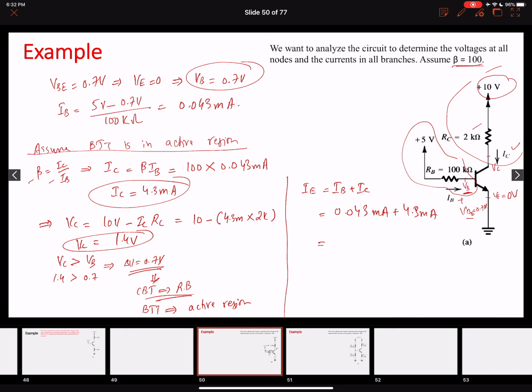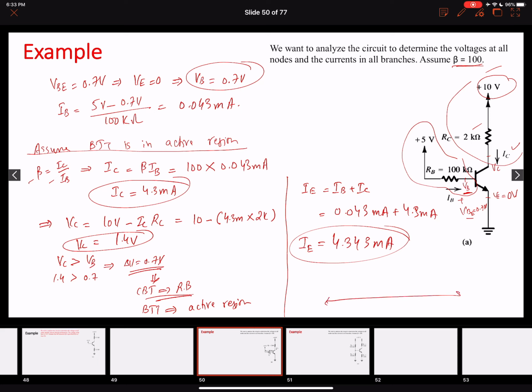Once we take the summation, the value of the emitter current comes out to be 4.343 milliamperes. This is the value of the emitter current that we find. Okay, great. So this is how we can solve this example as well.